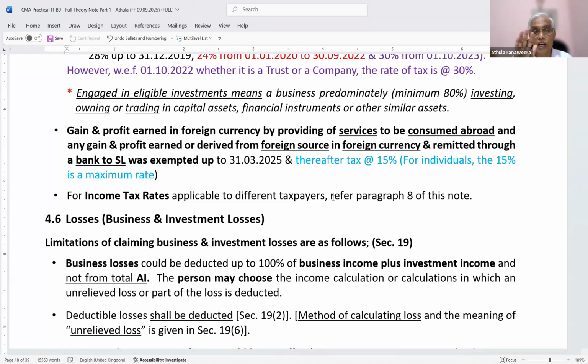There are 4 conditions, and as long as you met all 4 conditions, it was exempted. It has to be a service, consumed abroad, remitted in foreign currency, and remitted through a bank. You can bring this money into your rupee account, that is not prohibited, but the money from overseas must come in foreign currency. You have to get a letter from the bank confirming that they received it in foreign currency, converted it to rupees and deposited it. Then no problem.